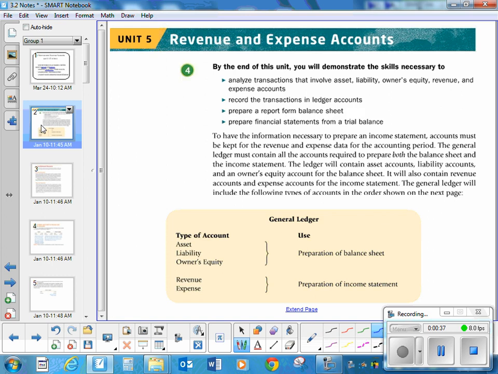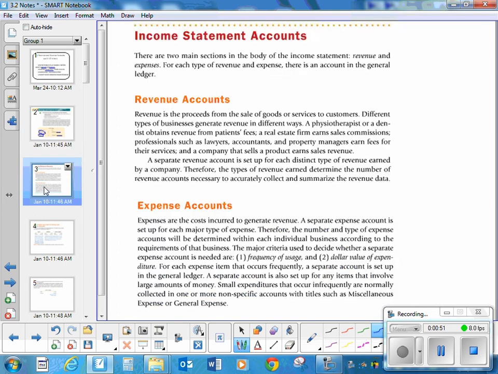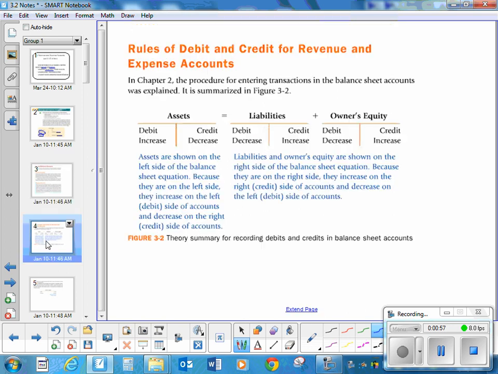Okay, so just a reminder that on a balance sheet, you will find your assets, your liabilities, and your owner's equity. On an income statement, you will find your revenue and your expenses. We've talked about revenue and expense accounts, so you already know about those.